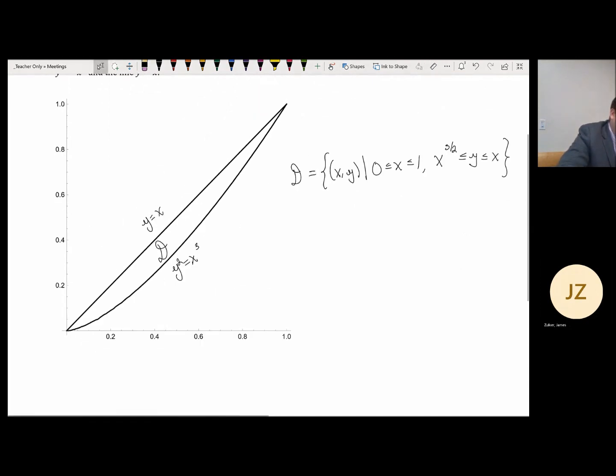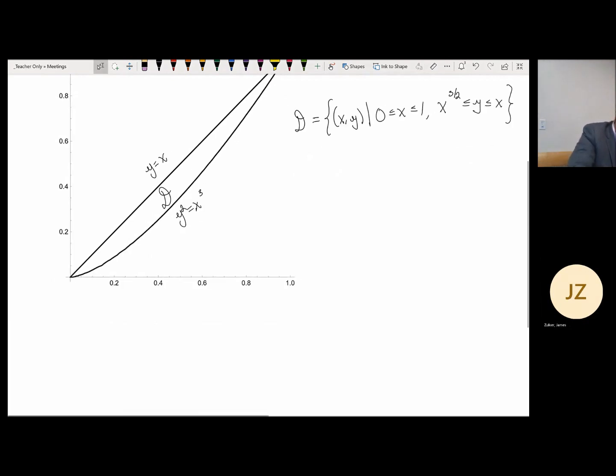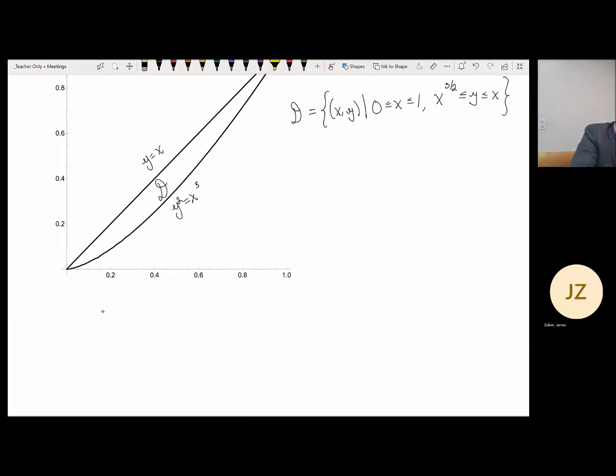Now what we're actually doing is finding the area of that region. That would be your setup.